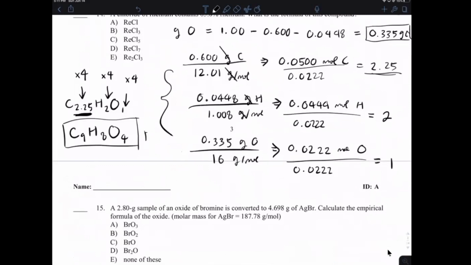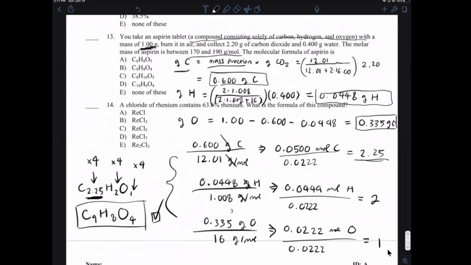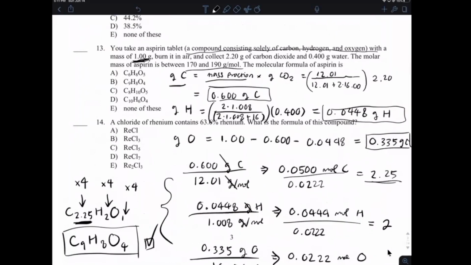So we find that this is actually the correct formula. So the empirical and the molecular formula are actually the same. So this is our answer. So I think that would be B. So that's how we would do something like that. Are there any other questions?